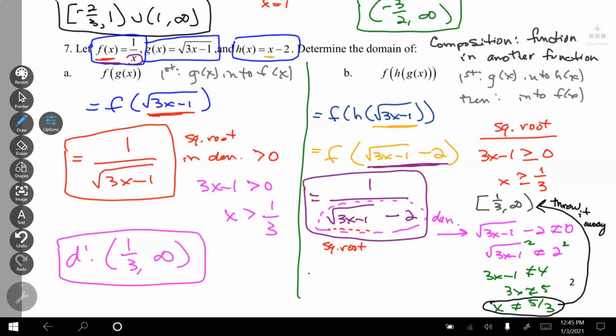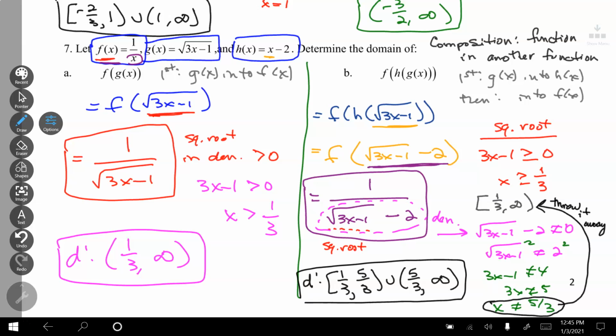So my whole domain is 1/3 brackets 5/3 parentheses union parentheses 5/3 to infinity. The stuff in purple is my new composition of the f of h of g of x, putting g into h into f, and in black is the domain for that whole function.